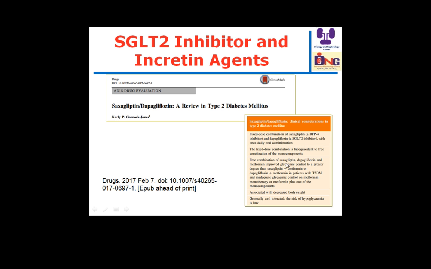Free combination of saxa and dapagliflozin and metformin improves the glycemic control to a greater degree than saxa and metformin or dapa and metformin in patients with type 2 diabetes and inadequate glycemic control on metformin monotherapy or metformin plus one of the mono components. Associated with decreased body weight, generally well tolerated. So this is why there is a rationale for the use of combination of SGLT2 inhibitors with the DPP4 inhibitors.